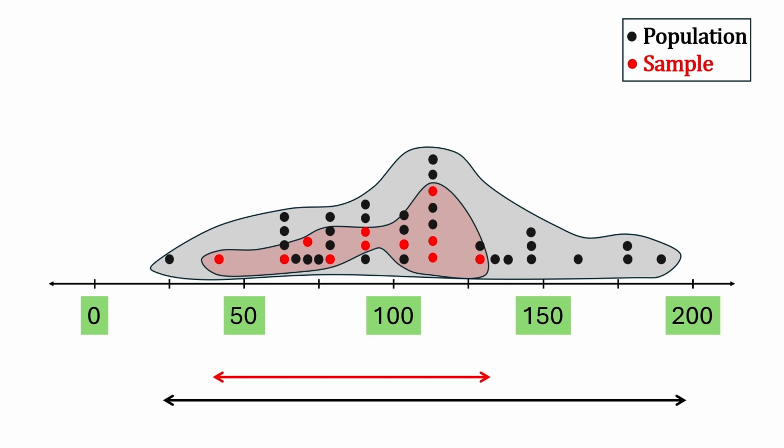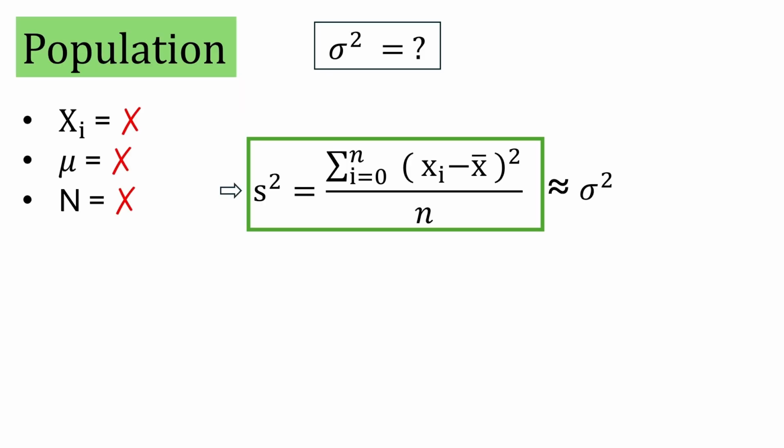Due to this difference, if we use the sample variance as an approximate value for population variance, then it will introduce a downward bias. And to remove this bias, we will include Bessel's correction.